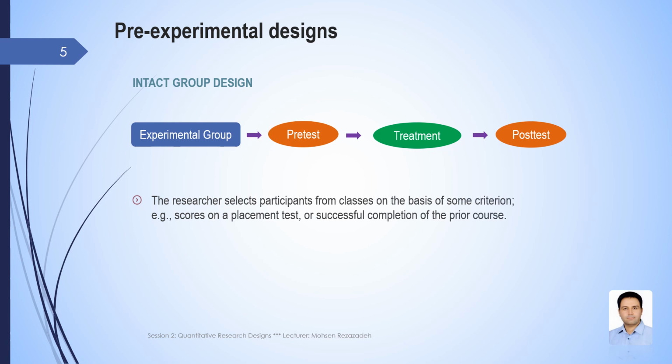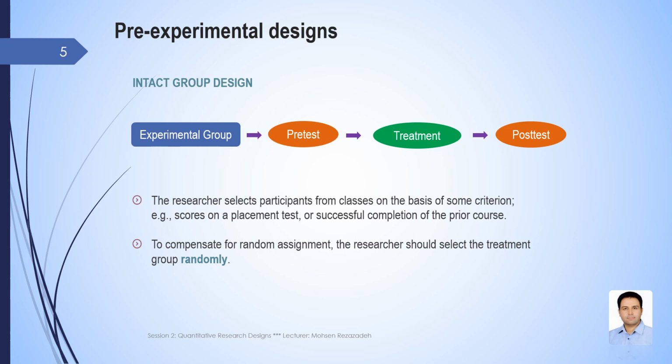The researcher selects participants from classes on the basis of some criterion. For example, their scores on a placement test or successful completion of the prior course. And in order to compensate for random assignment, because as I said, in intact group, you can only assign one group.